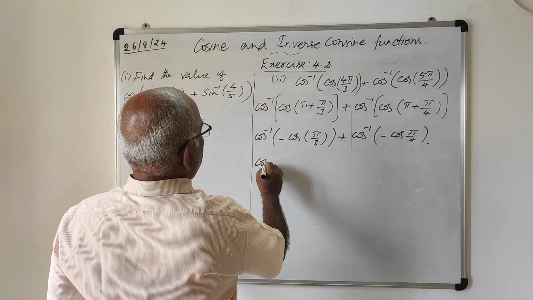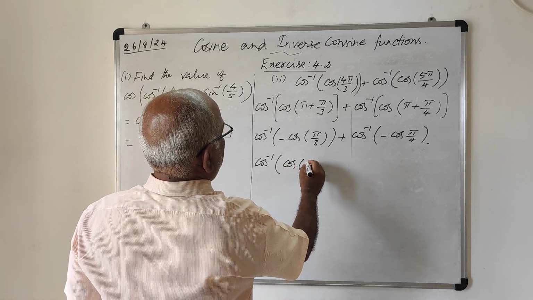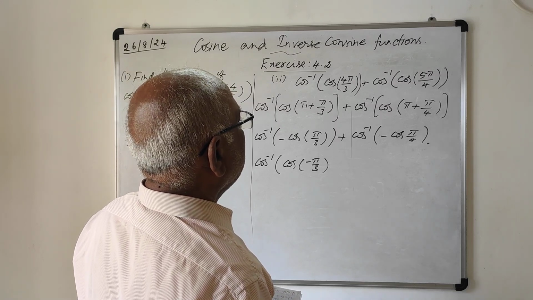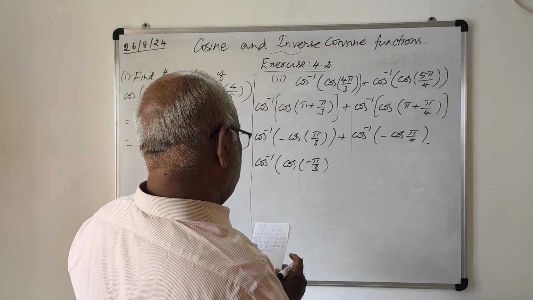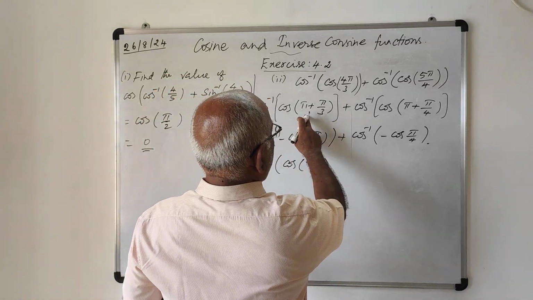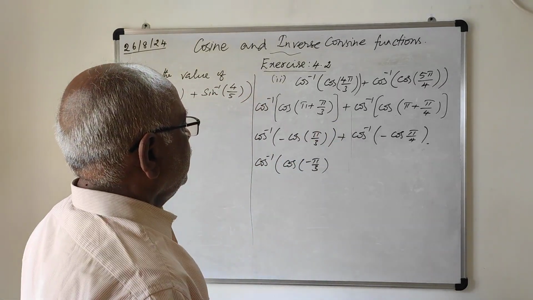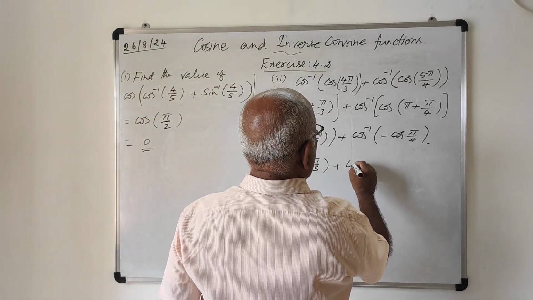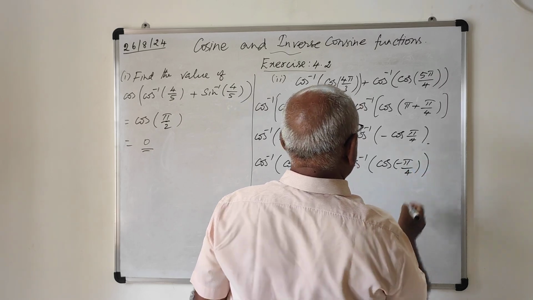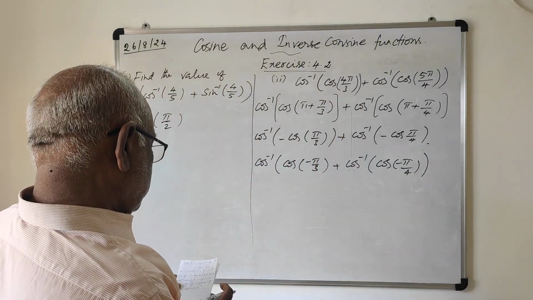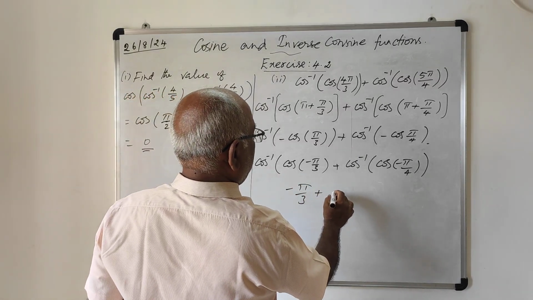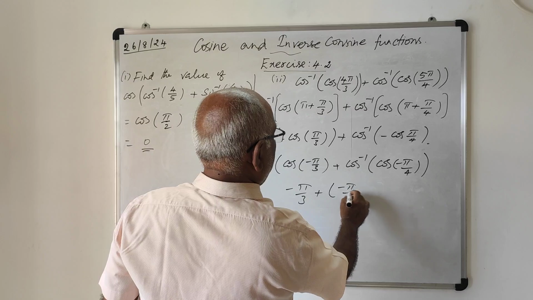So this is again cos inverse of cos of minus pi by 3, since cos of pi plus pi by 3 is minus cos pi by 3. Similarly, cos inverse of cos of minus pi by 4. So this is equal to cos inverse of cos of minus pi by 3 plus minus pi by 4.